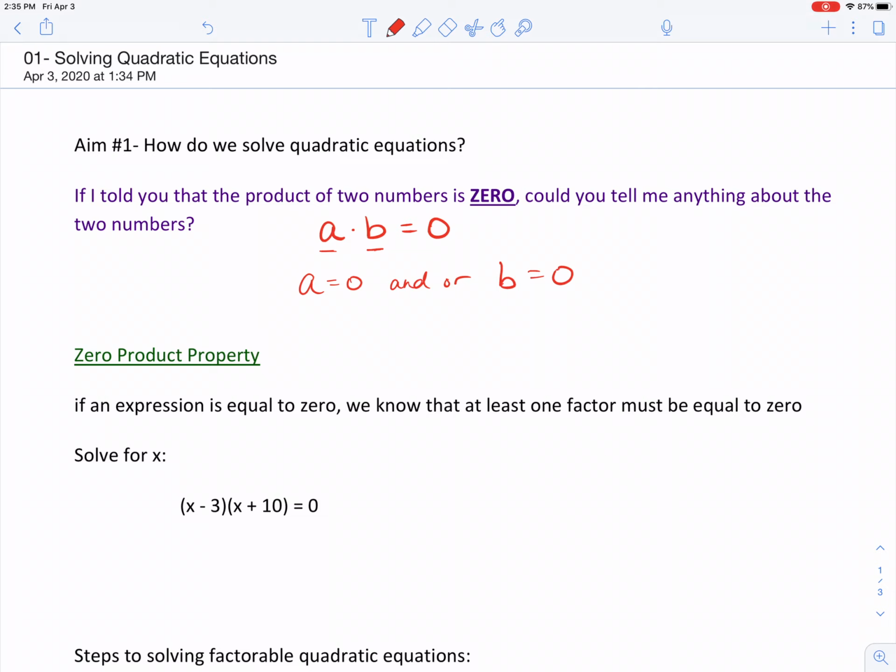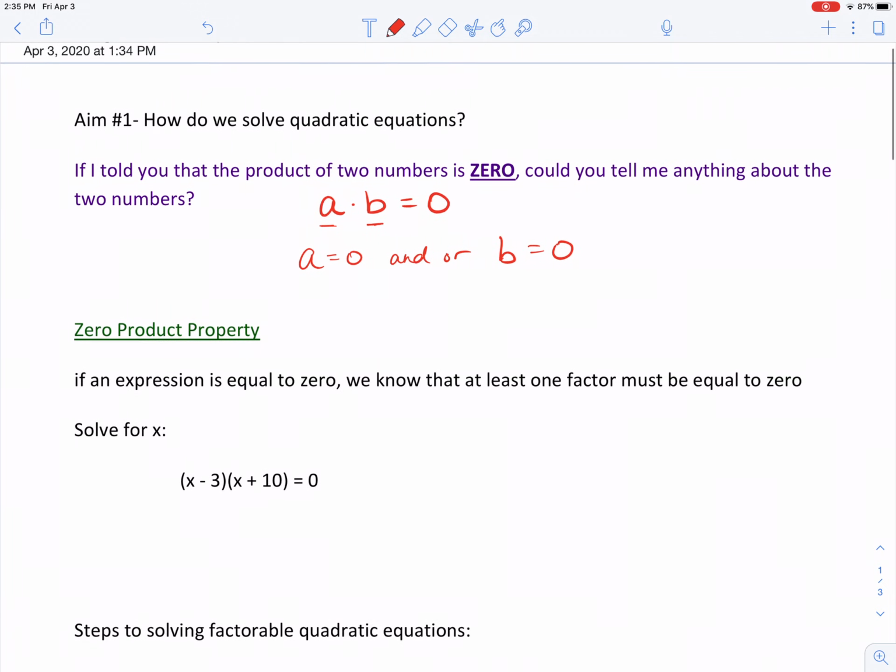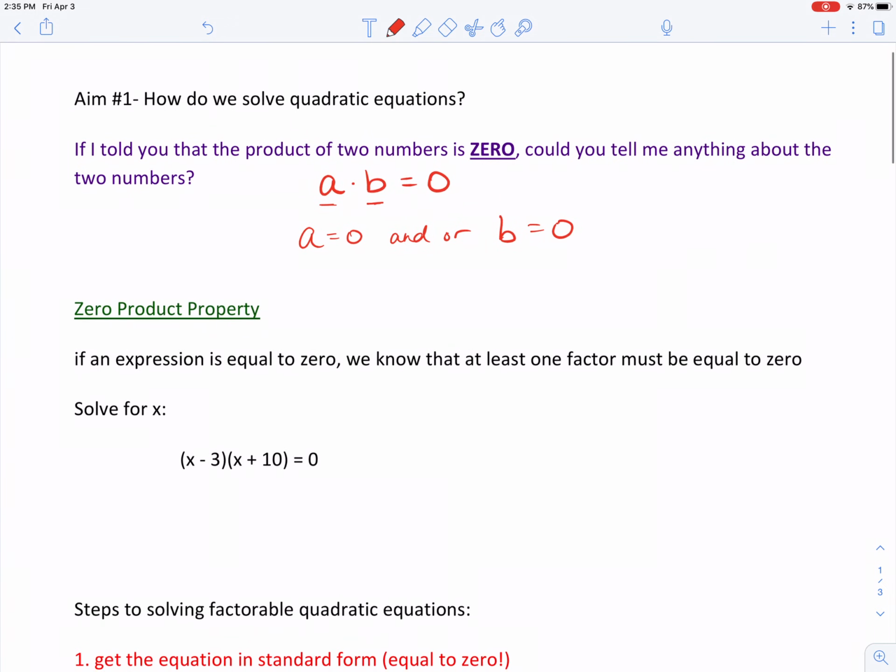Zero product property. If an expression is equal to zero, we know that at least one factor must be equal to zero. So here's what it would look like in this case of a factored equation.